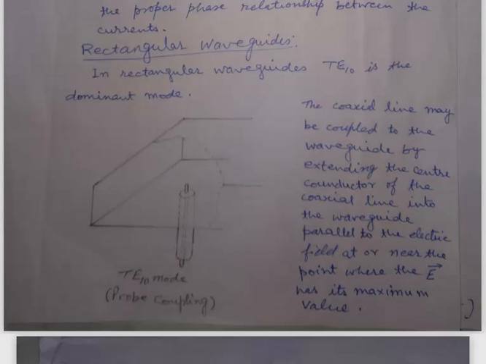In this figure, we have used a probe coupling. The probe is located at a distance lambda by 2 from the short-ended end of the waveguide. The coaxial line may be coupled to the waveguide by extending the center conductor of the coaxial line into the waveguide parallel to the electric field, or near the point where the electric field lines are maximum.